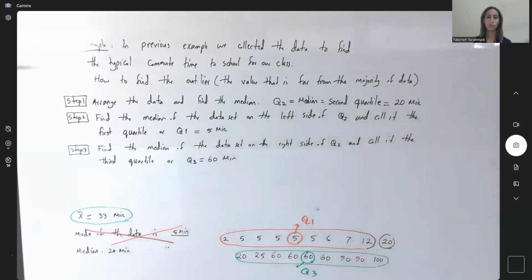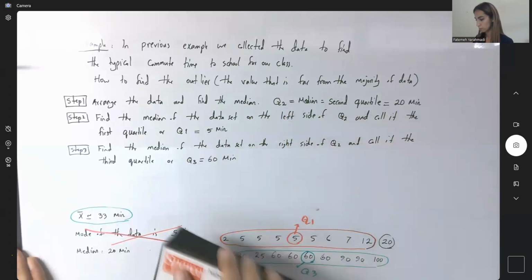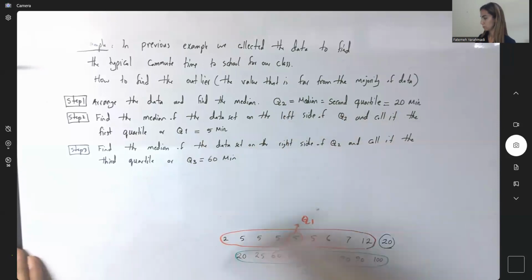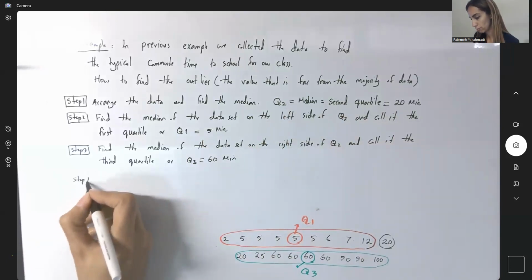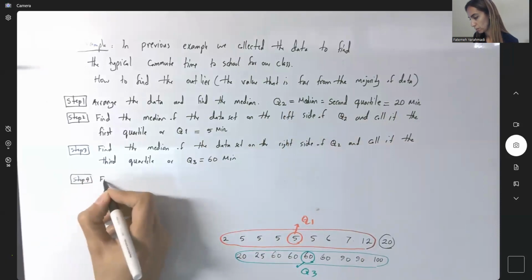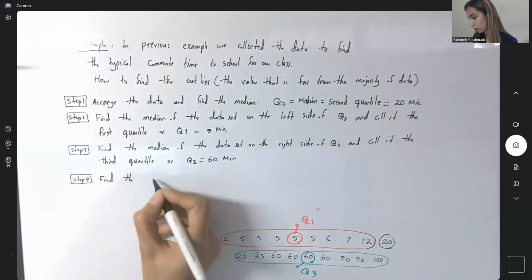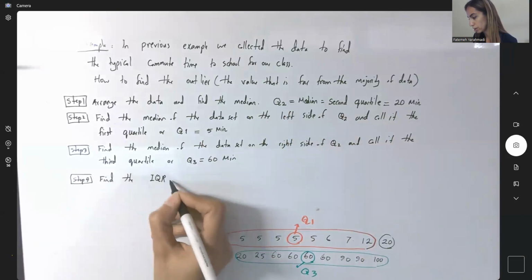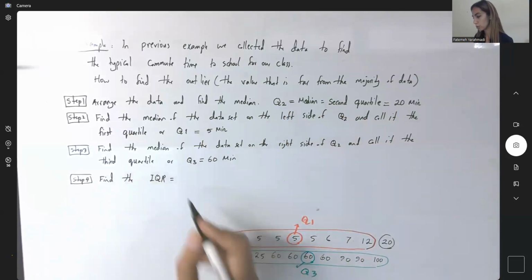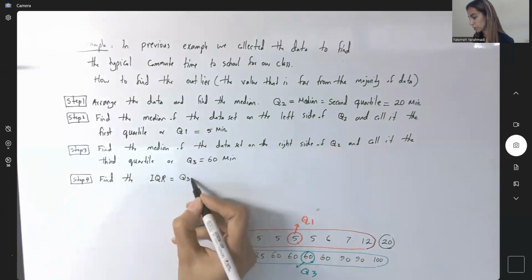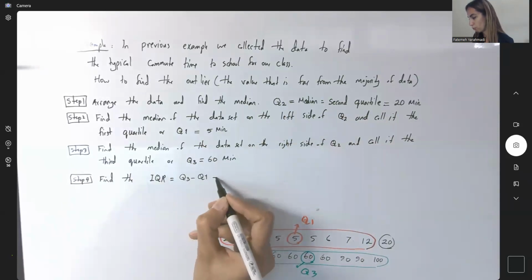In the next step, we need to find the interquartile range. Step 4. Find the IQR, which is the interquartile range. To find it, you need to find the difference between Q3 and Q1.